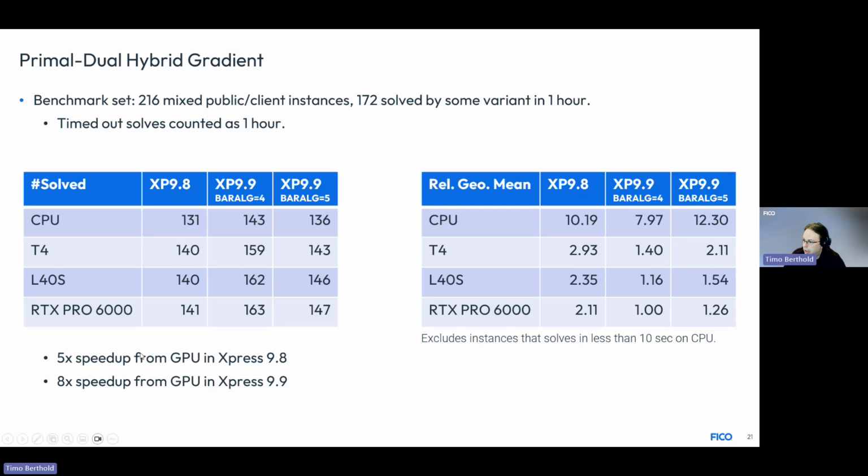This is kind of the best currently available mid-tier data center GPU if you don't want to jump on an H100 or B200 or something like this. What the numbers show is that in Xpress 9.8, the GPU was about 5 times faster than the CPU on average, and in 9.9 we are now seeing an 8 times speedup. So there have been good improvements to the GPU implementation. Specifically, it's not just the underlying algorithm that's improved, but also our way of porting it to the GPU, if that makes sense.